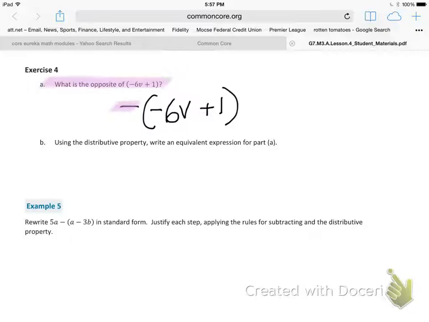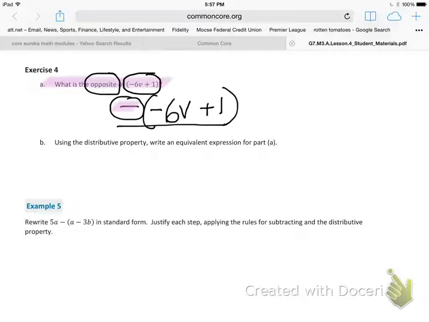In this case, it means opposite. So always this and this, they go together. So the opposite of this expression here could very simply be written like this. We can go further, it is true, but for the meantime, that is correct.